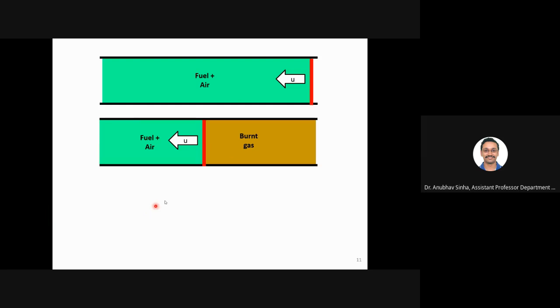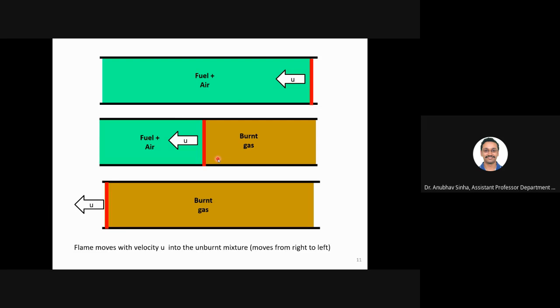Once you ignite, it will start to move to the left side with some velocity u. Let us say that this u is fixed, it is moving, and once it finishes, the tube will be filled with the burnt gases and the flame will move out to the end. This is exactly what we have seen in the last video. You all agree to that?